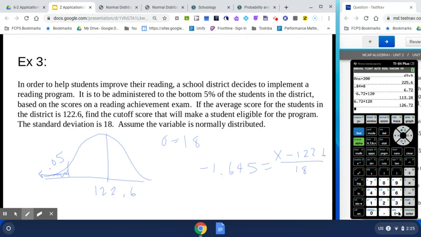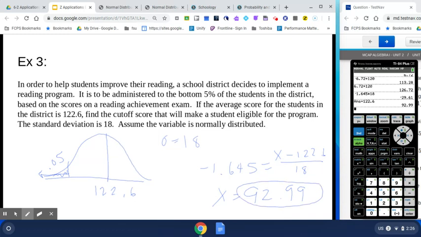Solving that for X, I'm going to multiply negative 1.645 times 18, and then add the 122.6 to it. So solving for X, we get a score of 92.99.